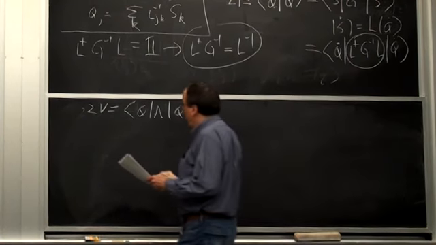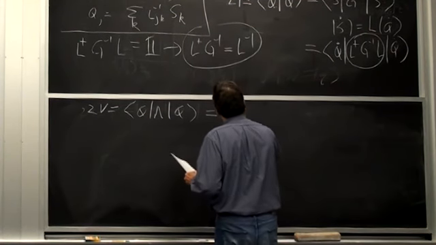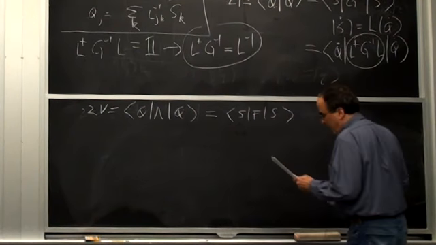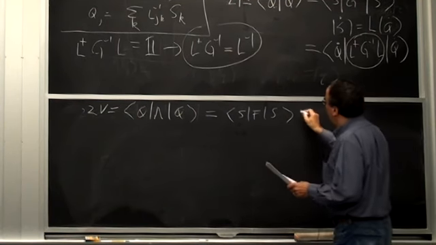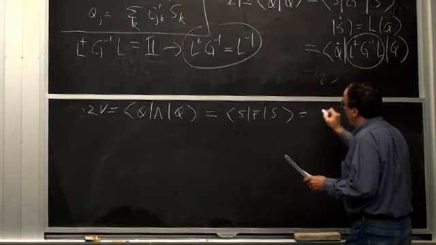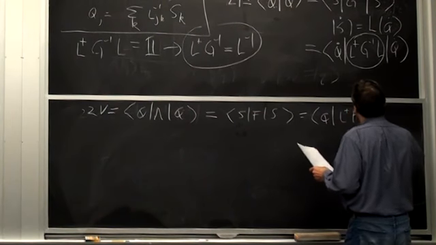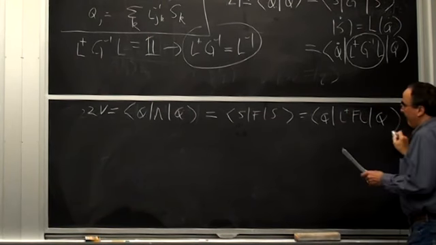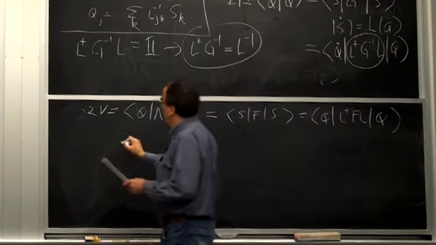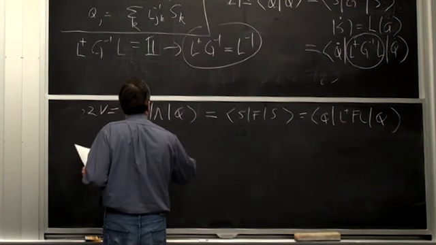And we saw before that we could also write the potential energy as S F S, and replacing S with Q, Q L dagger F L Q. So we would also like to be able to show that L dagger F L is equal to lambda.